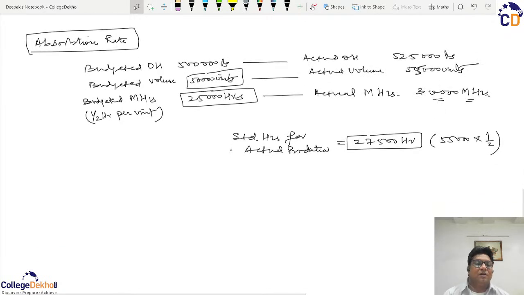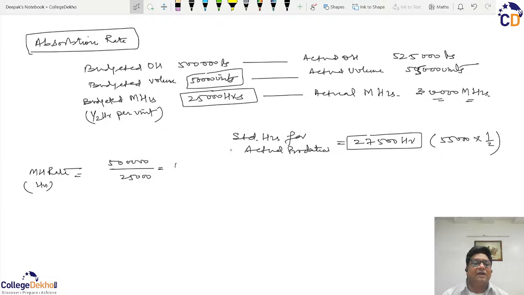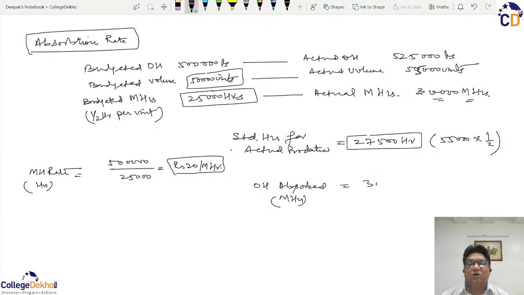So what will happen here is that if I calculate the machine hour rate based on hours, it should have been 5 lakhs divided by 25,000, and that will be rupees 20 per machine hour. Therefore, if we measure the overheads absorbed based on machine hours, the overheads absorbed would have been 30,000 into 20, that is 6 lakhs.